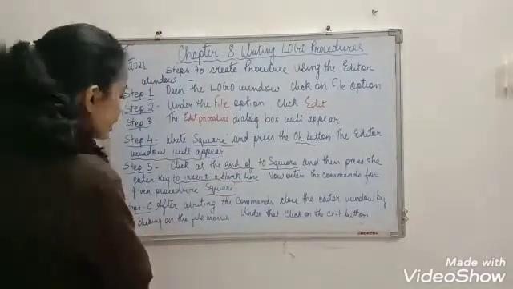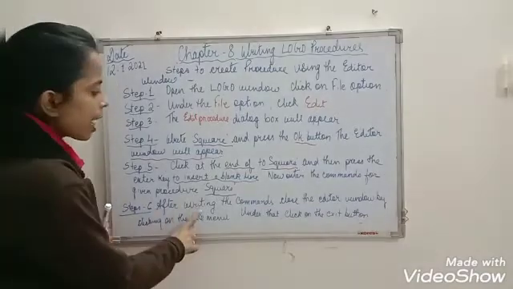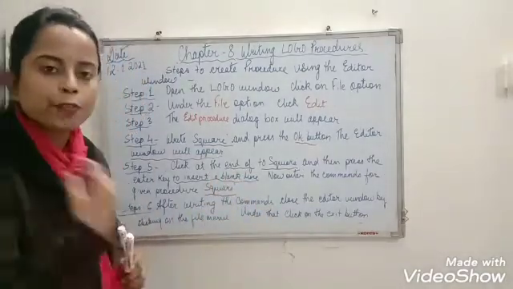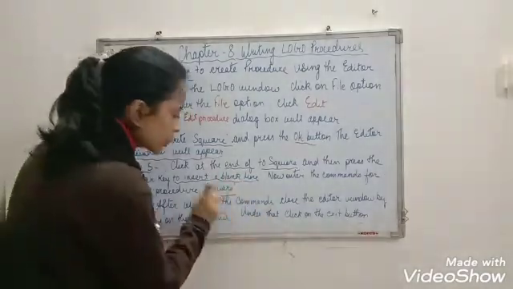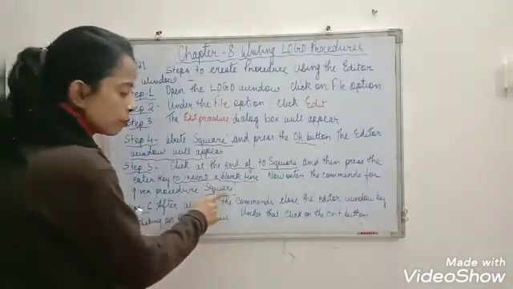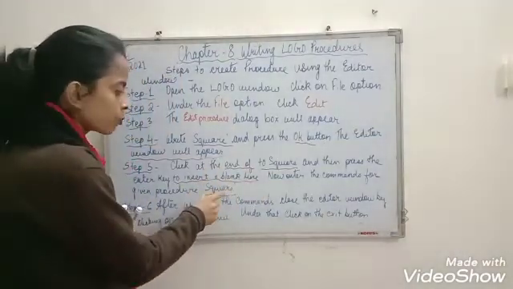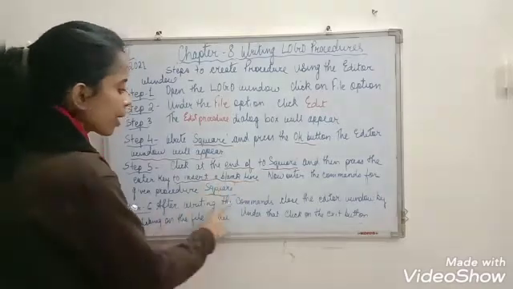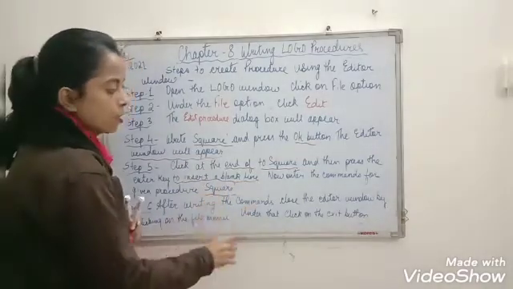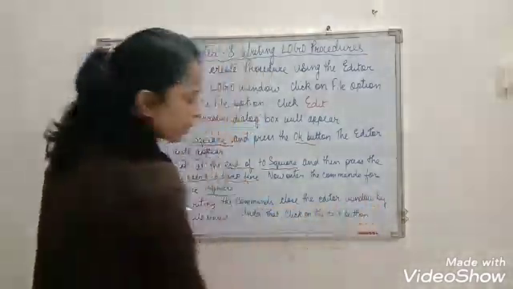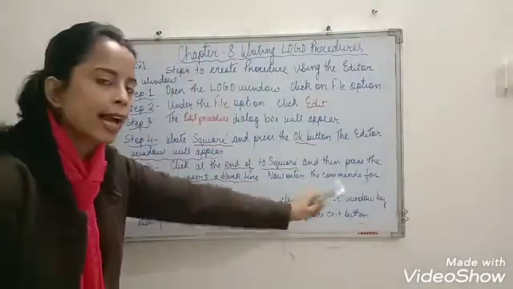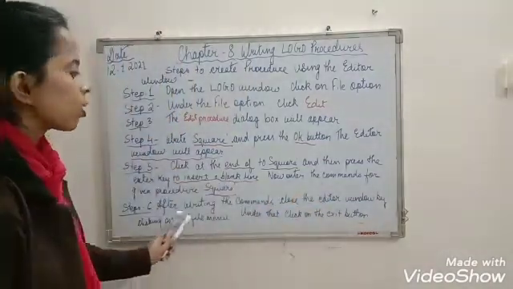Right? At last, step number 6, after writing the commands for what? For square. In place of rectangle, you have taken what? Square. So after writing the commands for square, close the editor window. You have to close the editor window by clicking on where?